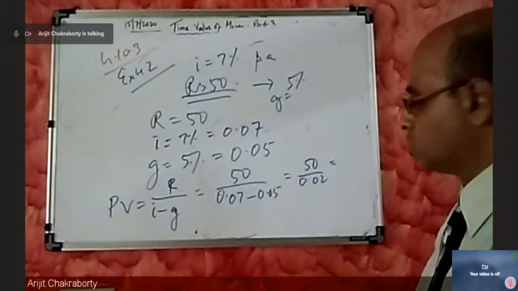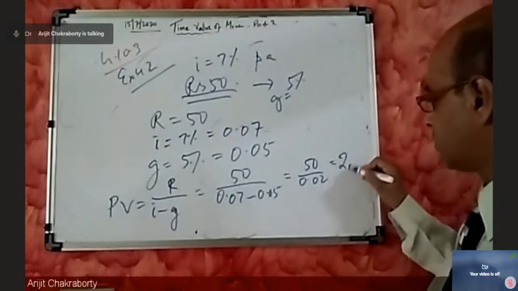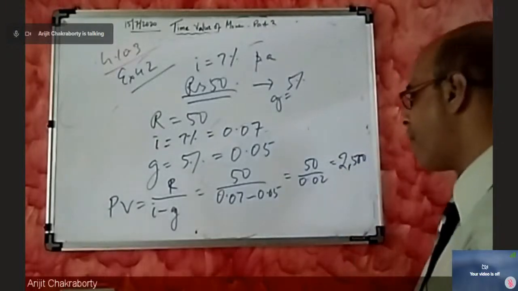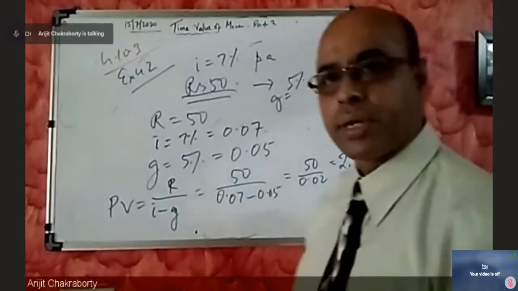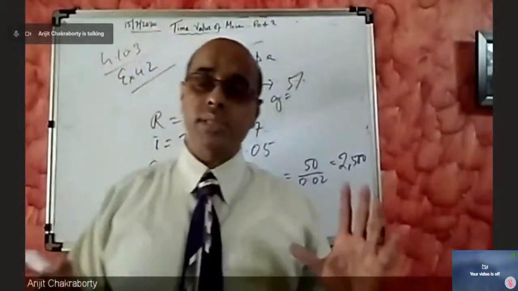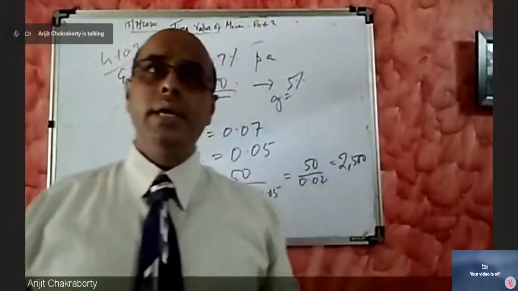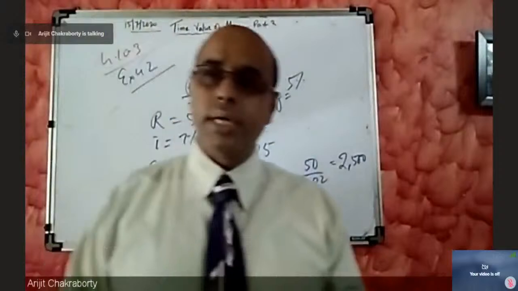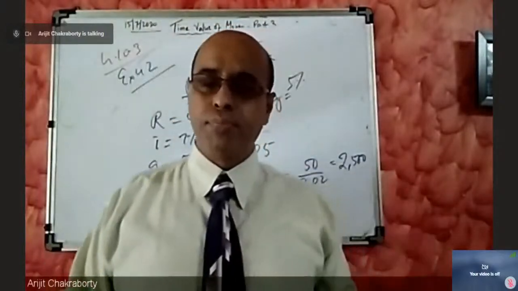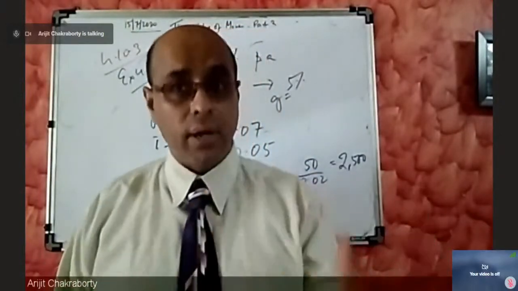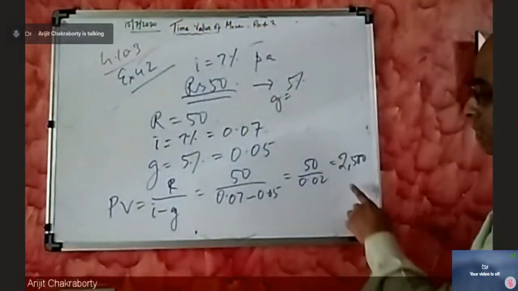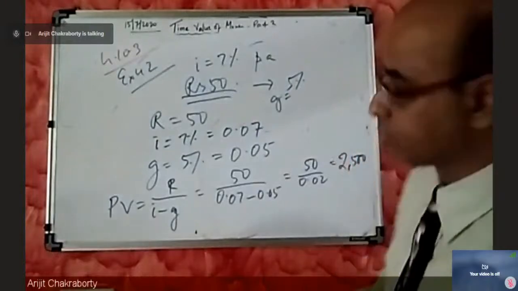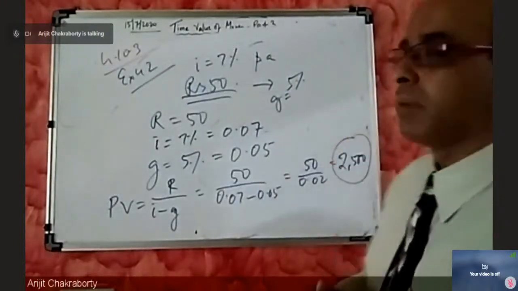So it comes to 2,500. Okay, 2,500. That means if I want to invest in a scheme which gives me 7% interest and every year 50 rupees go on forever and growing at the rate of 5% every year, then the maximum I should pay is 2,500 for such a perpetuity.